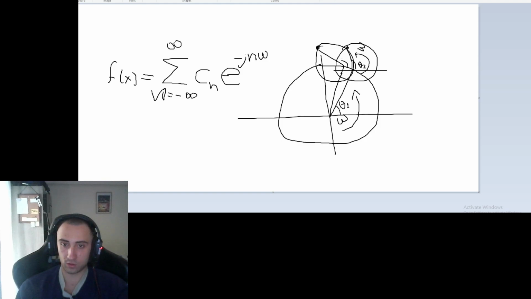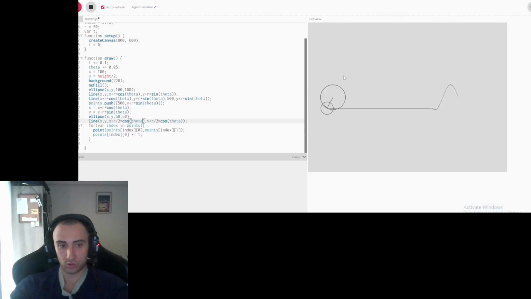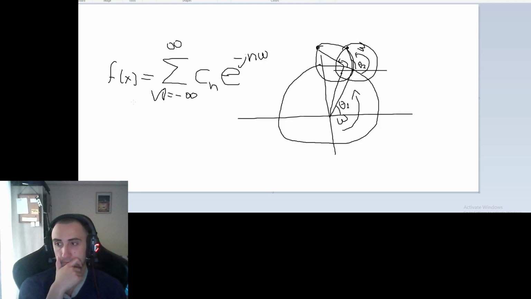This is a new theta 2 because it has changed. I remember some stuff now.